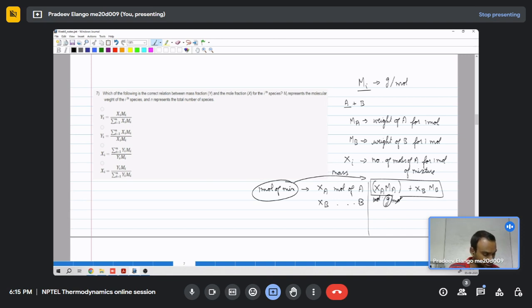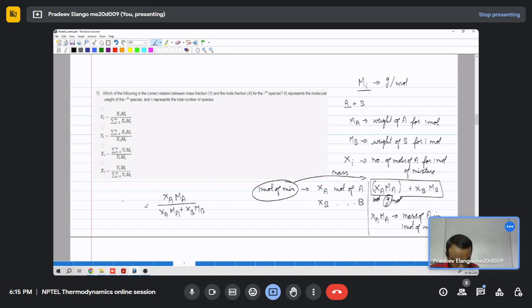And similarly xa MA, this term alone will give me the mass of A in 1 mole of mixture. So what if I have xa MA divided by xa MA plus xb MB?